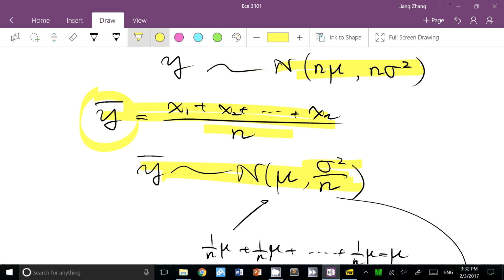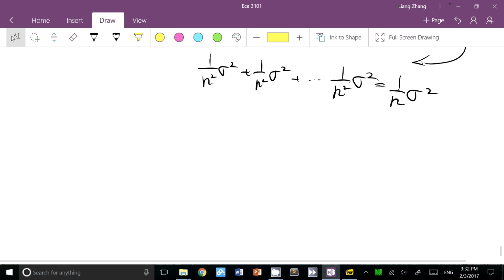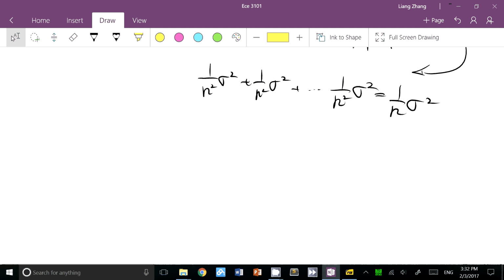Okay. Now, because of the central limit theorem and because this normal distribution is so powerful to represent summation or average, it can actually be used to represent or to approximate some of the distributions we discussed earlier.